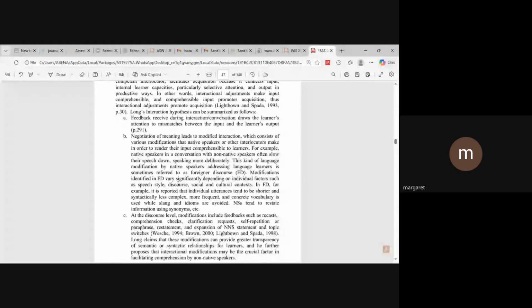That is what we mean here by discourse. At the discourse level, to ensure that the input is achieved, we emphasize that feedback is essential. Now, there are different ways with which we can get this feedback.